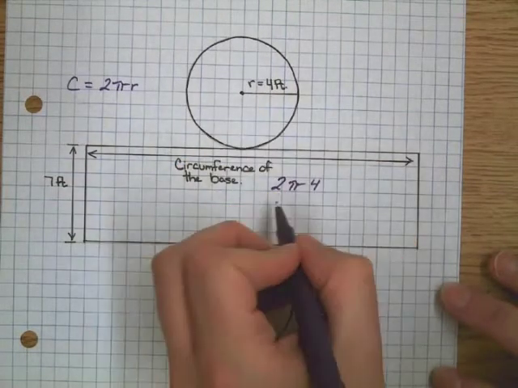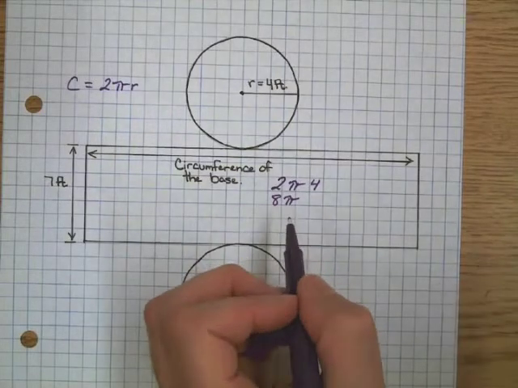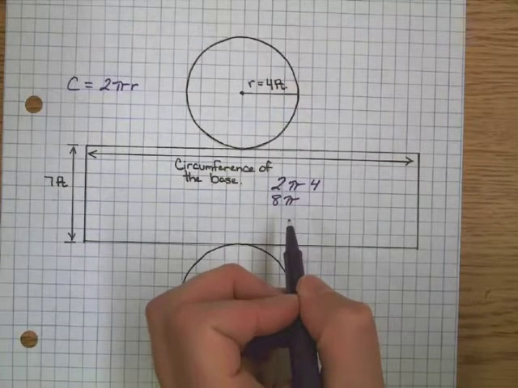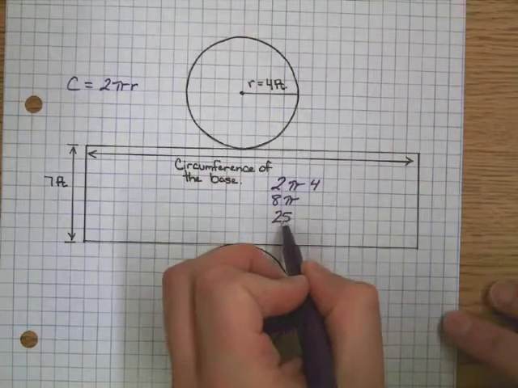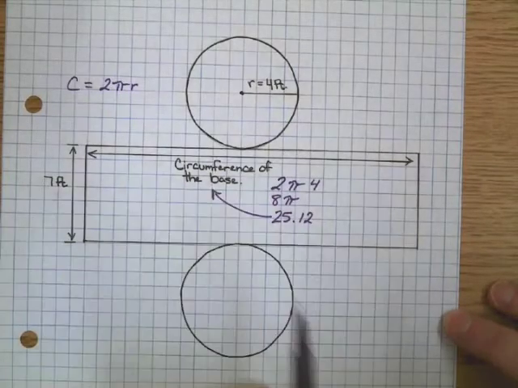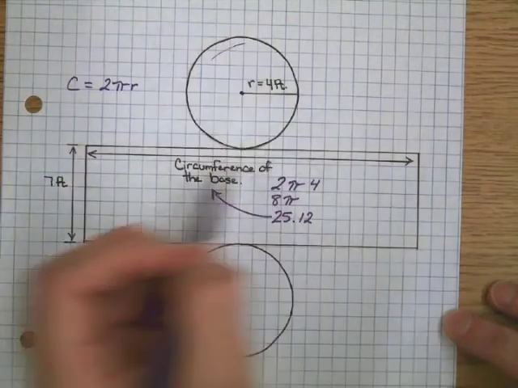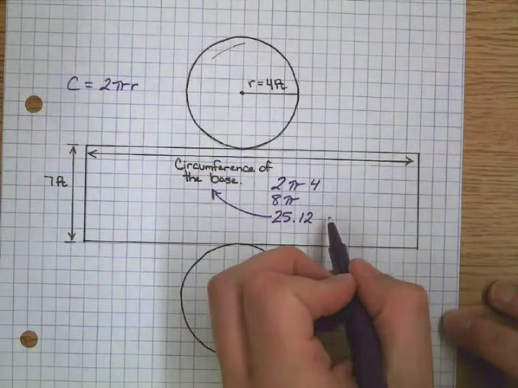Well, 2 times 4 is 8, so 8 pi, and if we use 3.14 as pi, we're going to come up with 25.12. So that is the circumference of this base. It's also the length along here in feet.